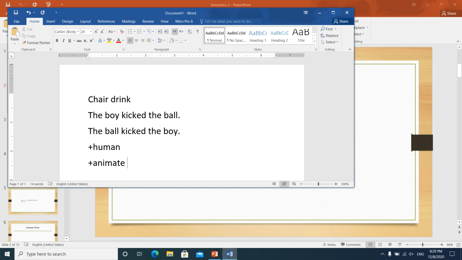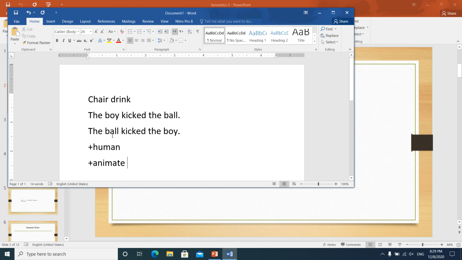Of course, there are some grammatical features. It is a noun, plus singular, and it is followed by a verb which is dynamic, which is kick. This verb is transitive, which means it should be followed by an object.